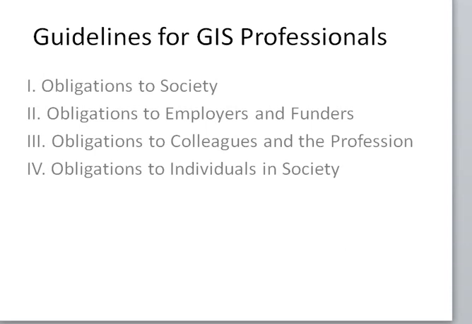So one of my obligations as a GIS professional is to volunteer my time in other educational realms with GIS, and I do that. I was doing some work for Greenhill, helping them do some mapping there. And then what is your obligation to individuals that you may come in contact with as you work?